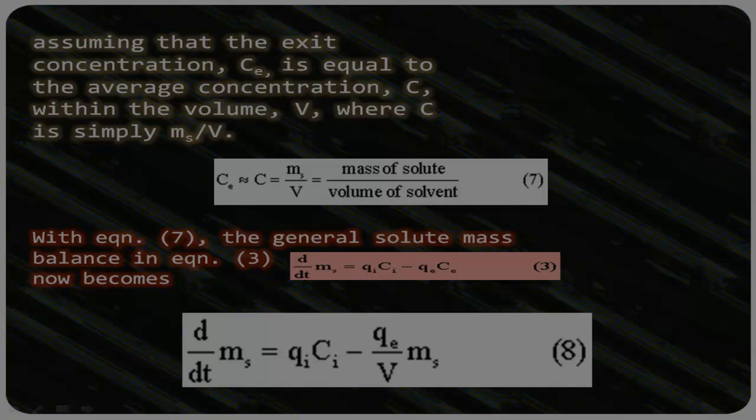This system, along with the solvent mass balance in equation number 6, represents a coupled set of first-order equations that can be solved by traditional means.